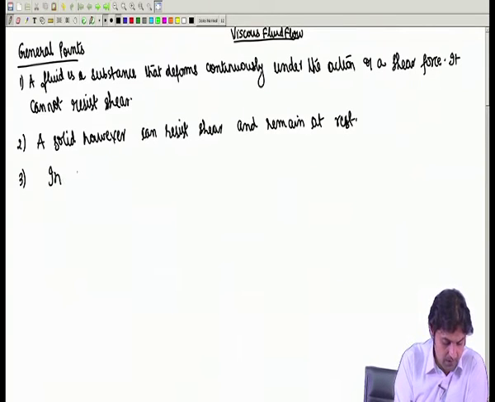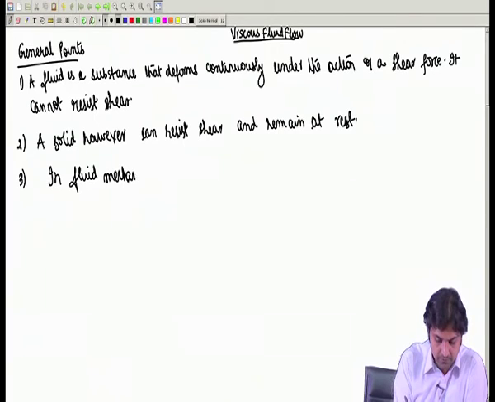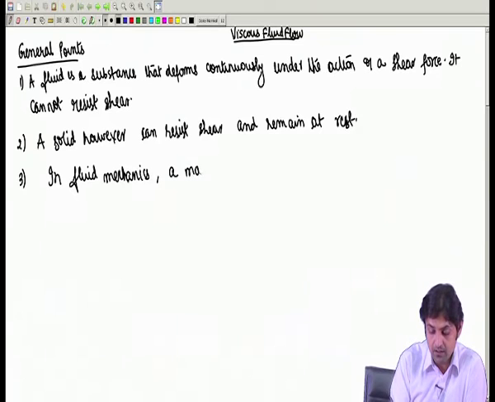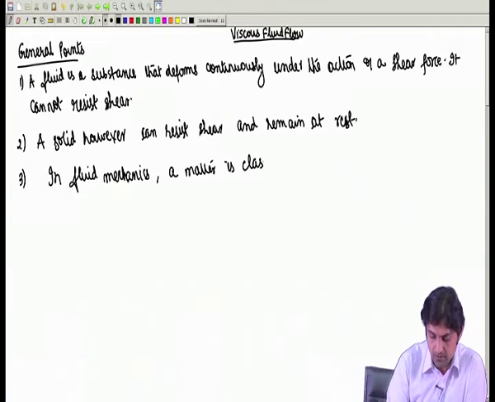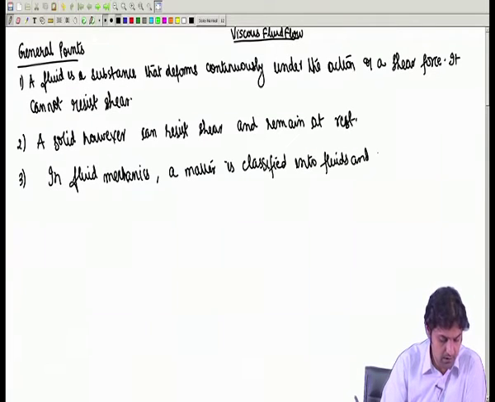In fluid mechanics, matter is classified into fluids and non-fluids.